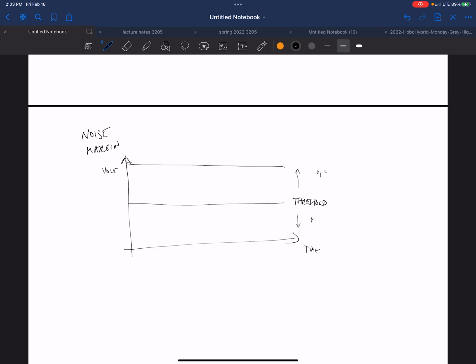Stuff below here, a good logic family would decide would be a 0. Okay? And so you will do your best to stay up here. Whoops. And down here. You will do your best to do that.